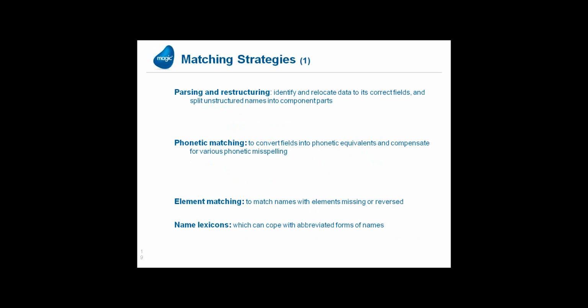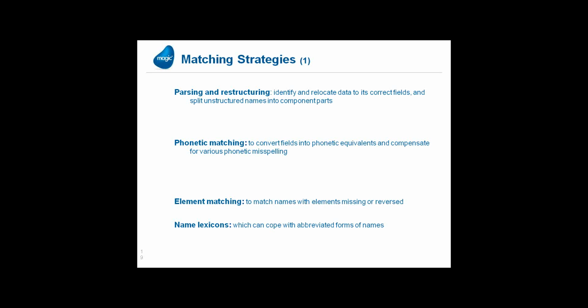So the matching strategies that are employed are things like parsing and restructuring, phonetic matching, element matching, and name lexicons. With parsing and restructuring, you're able to identify and relocate data to its correct fields, for example. We've all experienced interacting with a table where all of a sudden the columns shift and get off and so forth. It finds those kinds of issues, and it's able to split unstructured names into their component parts so that name becomes first name, last name, and so on.